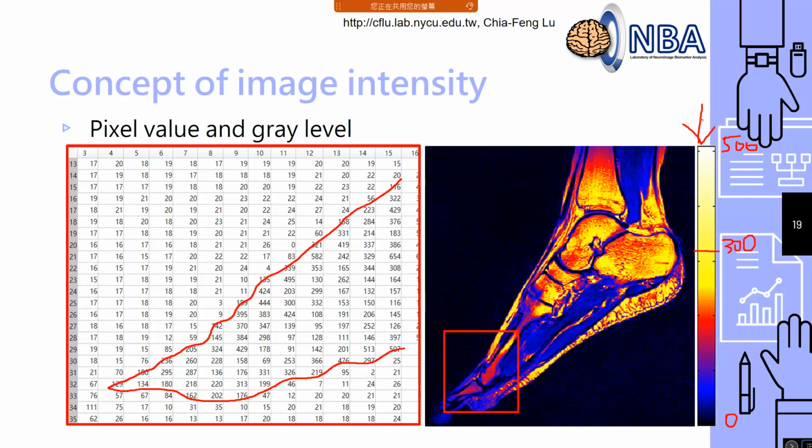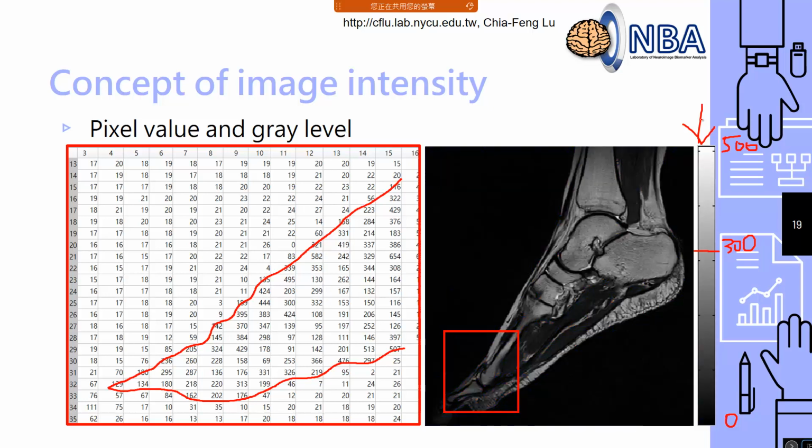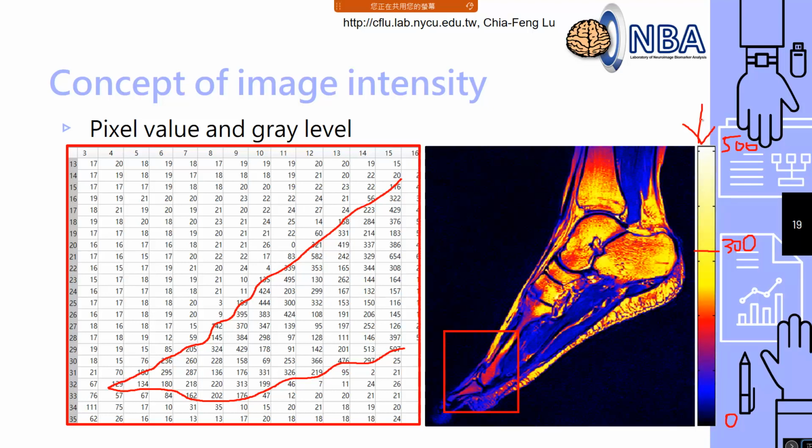Yeah, I think different students right here may have different preference. You may like this one, but some of you may like this one. But I have to say, in the real world, in the real workstation for this kind of medical imaging, it's up to you. You can easily change the color map. Whether you like the grayscale or you like the color map, you can easily change it, okay? This is what we are going to practice today.